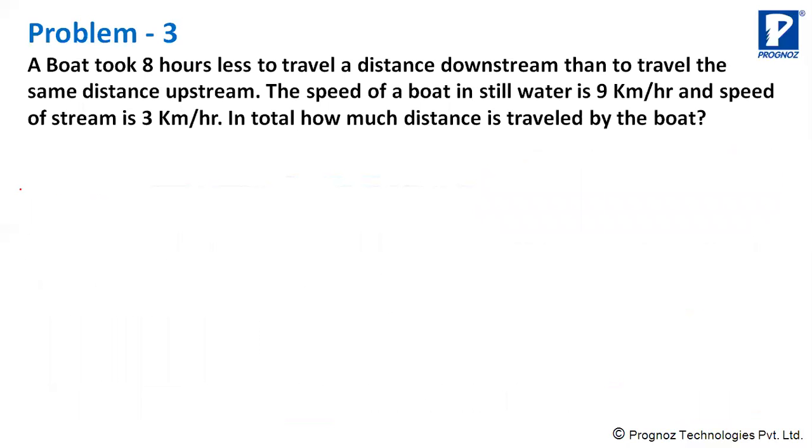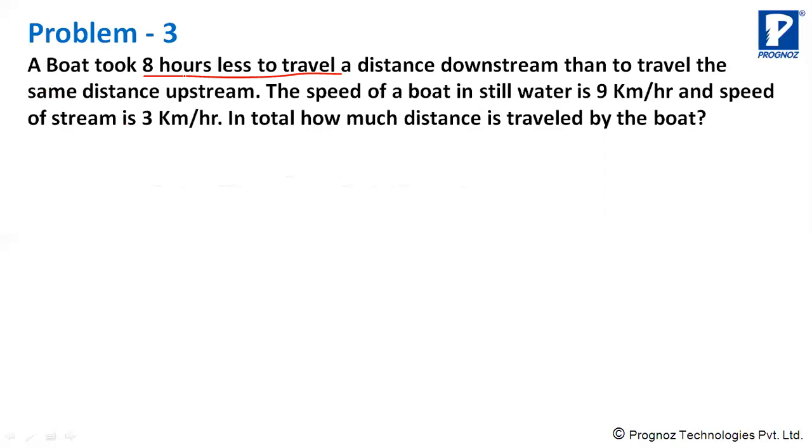Let's see another problem. A boat took 8 hours less to travel a distance downstream than to travel the same distance upstream. This is very important to understand. It means while traveling upstream the same distance, the boat takes 8 hours more. Naturally, upstream it will take more because its speed goes down.